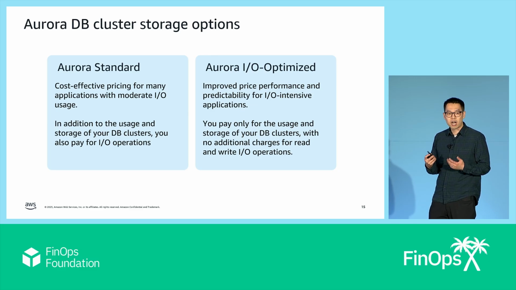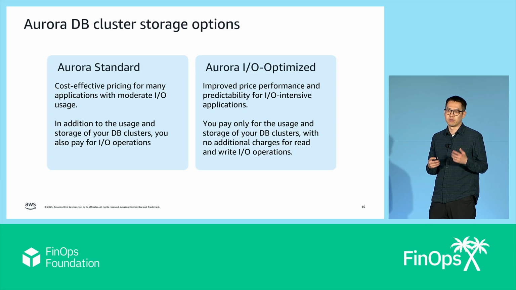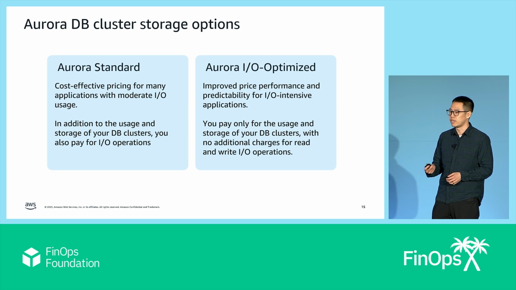And this can be a really cost-effective option if you have a stable workload, if you have low to moderate I/O usage. But if you've got a really I/O-intensive workload on your database, you might want to consider I/O-Optimized. Here, you're paying a higher rate for the instance and the storage, but you don't have to worry about every individual read and write operation to that database.